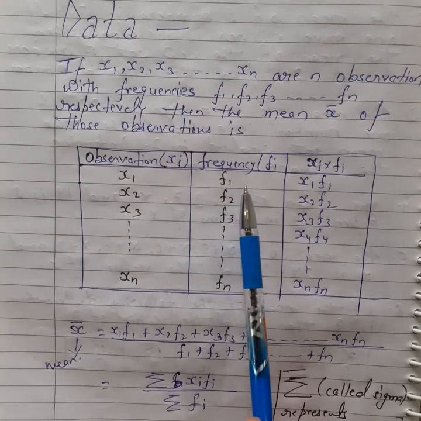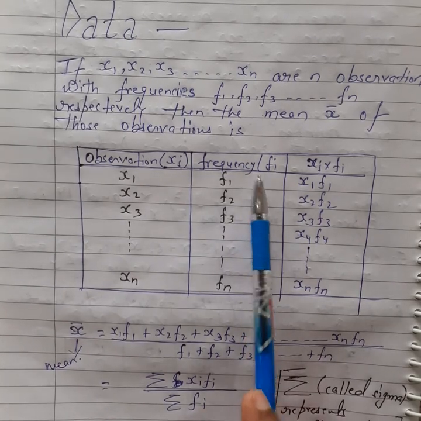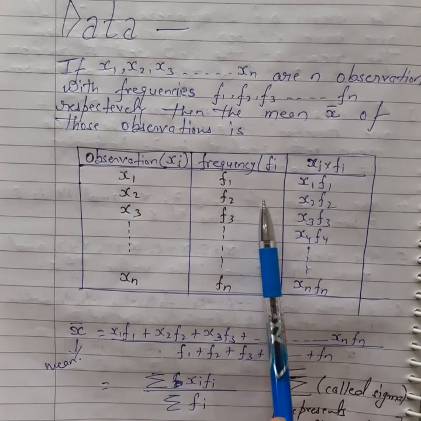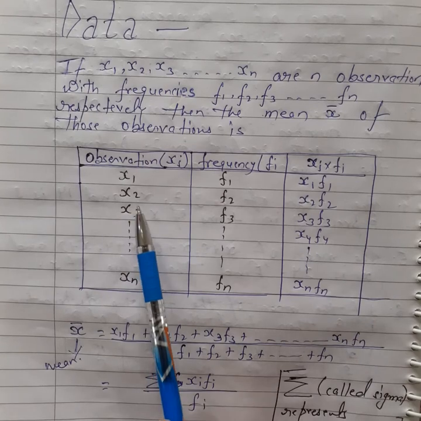If the value of f1 is 3, it means x1 occurs 3 times. If the value of f2 is 2, it means x2 occurs 2 times.